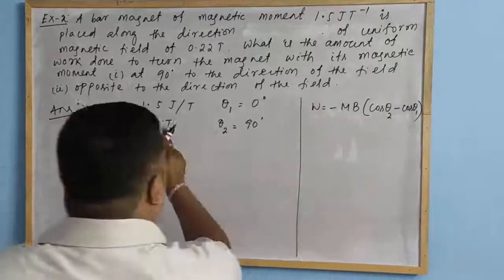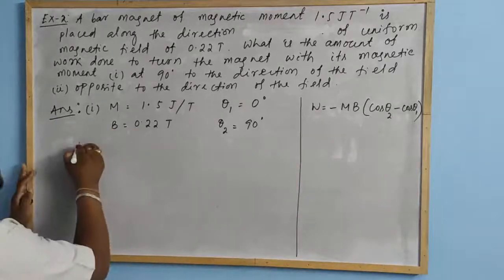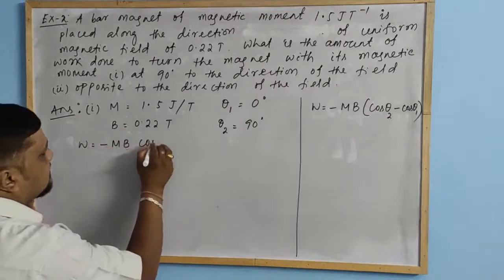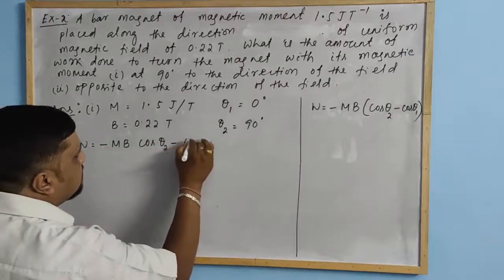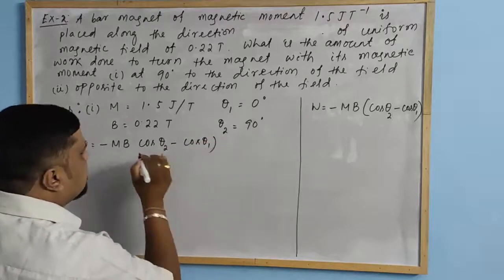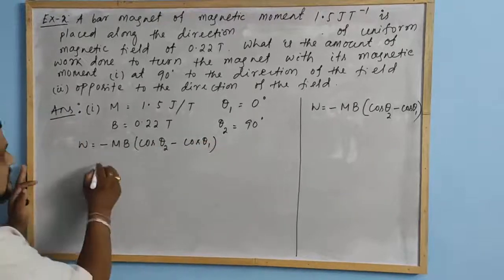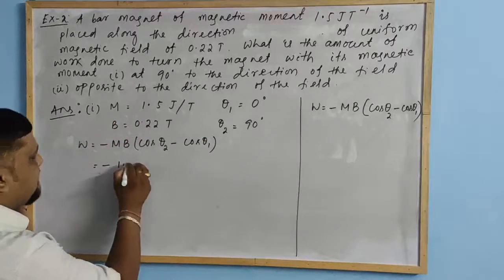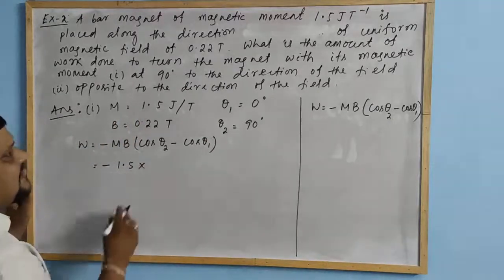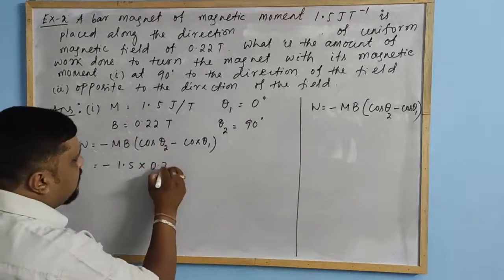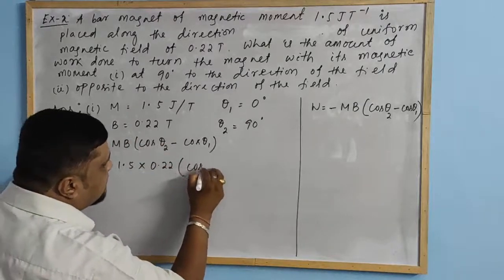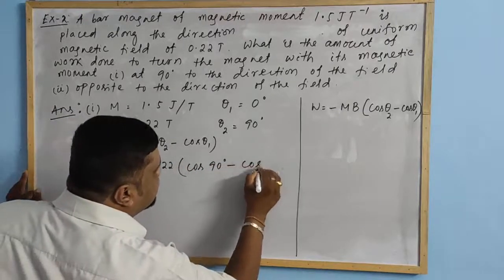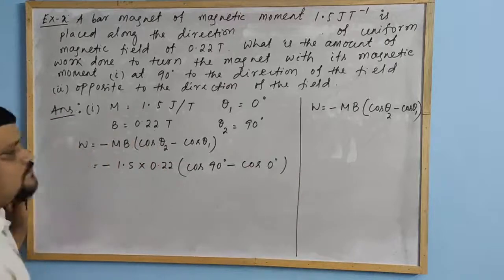Now put the values here for part 1. What is the work done? W is equal to minus MB (cos theta 2 minus cos theta 1). So this equals minus, what is M? 1.5, into B, 0.22, into (cos theta 2, which is 90, minus cos 0).